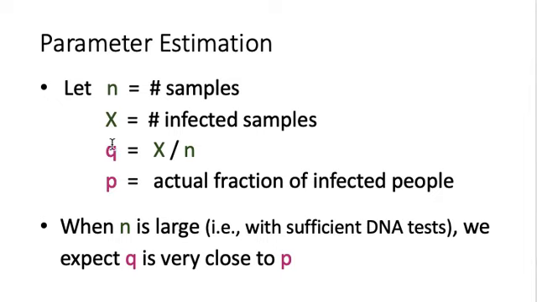So we let Q be equal to x over n. On the other hand, we define P to be the actual fraction of infected people over all the people in Taiwan. If we perform enough experiments, if we have large enough n, then it turns out that Q should be very close to P. In particular, if n is all the people in Taiwan, then Q will be equal to P.